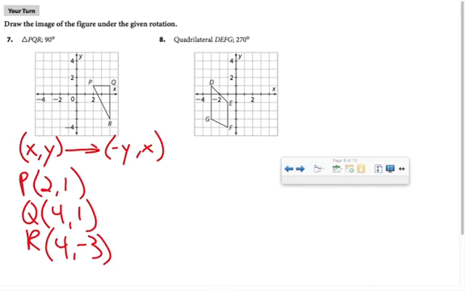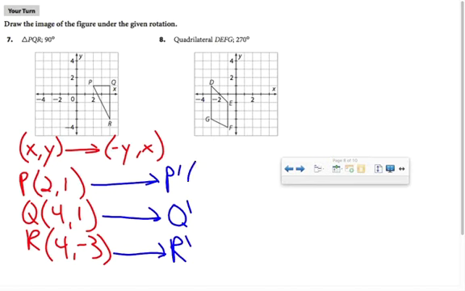So that means when I apply the rule, P prime will be located at (-1, 2), Q prime at (-1, 4), and R prime at (3, 4).